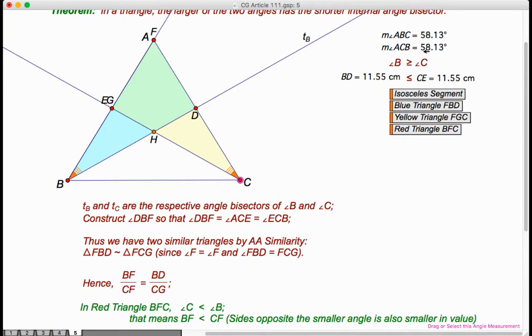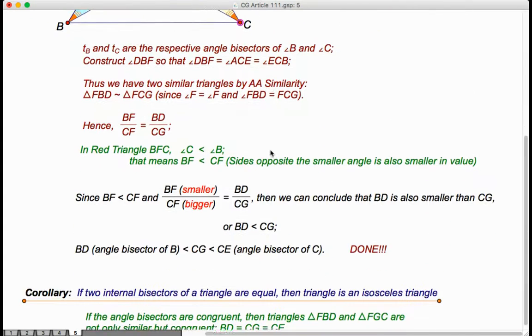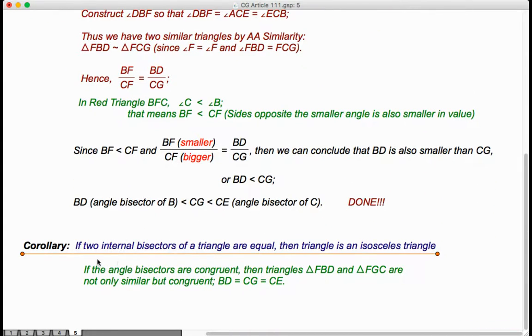This is congruent to this one, and no matter what, the two angle bisectors BD and CE, or CG, will be equal to each other. So, if two internal bisectors of a triangle are equal, then the triangle is an isosceles triangle.